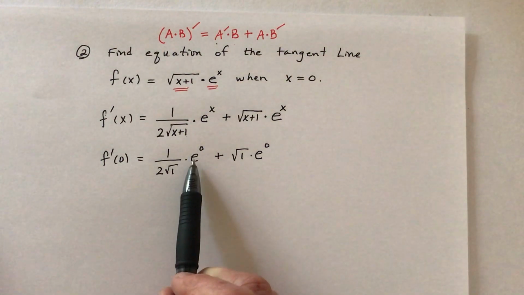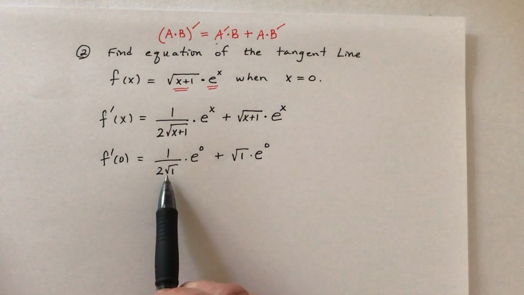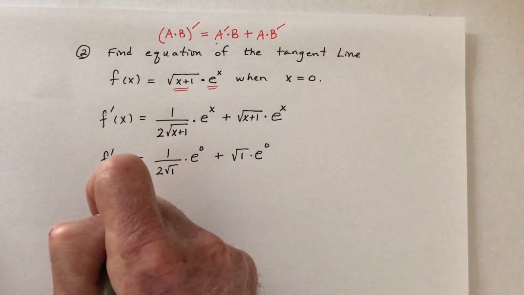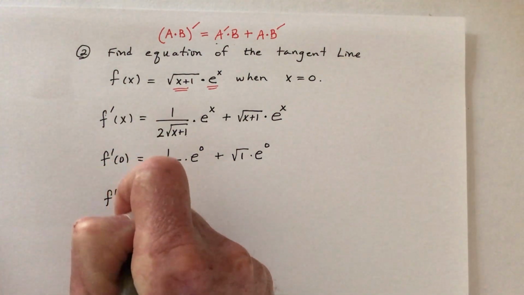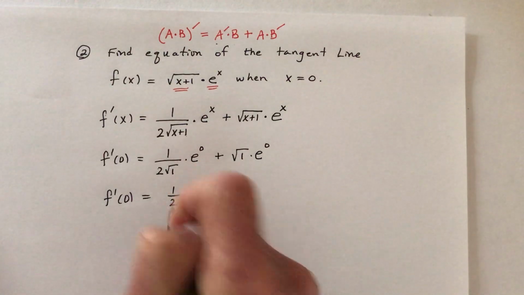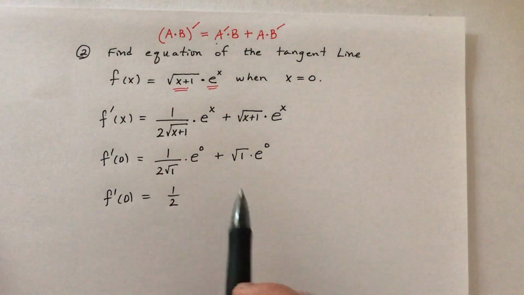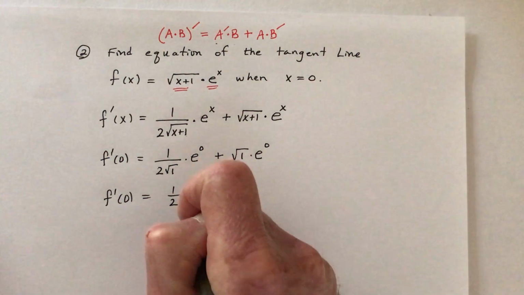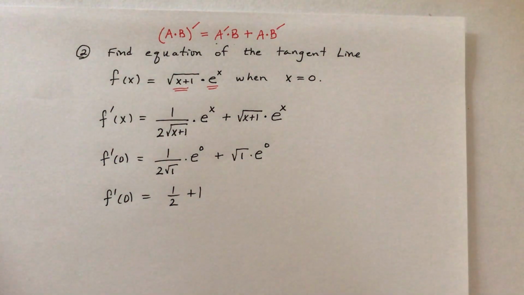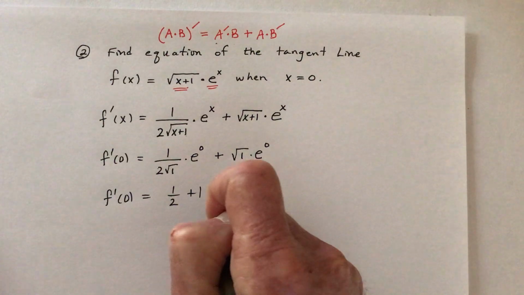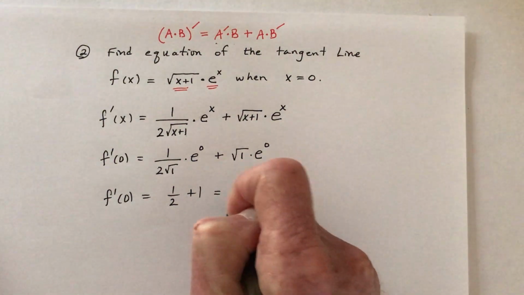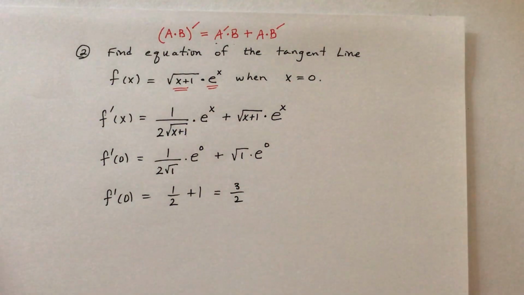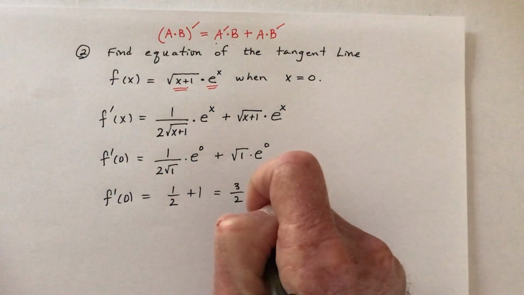And e to the 0 is equal to 1, so this is 1/2 times 1. 1/2 times 1 is just 1/2. Plus, this would be a 1 times 1. So that means that it's 1.5, which I'm going to write as 3 divided by 2, 3/2.